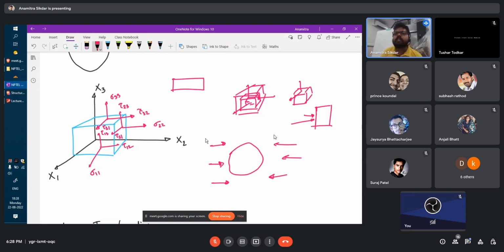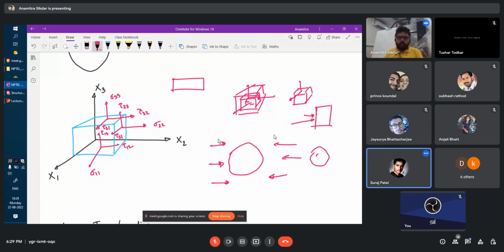Otherwise, if you don't have a shear force, the porphyroclasts like garnet won't rotate, right? And rotation is a very common thing we see in geological samples, right? All right? Yes, sir.